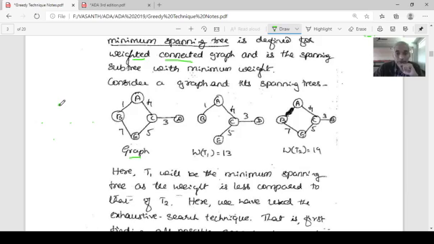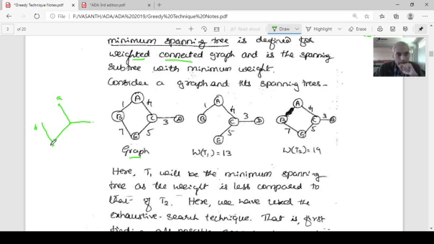So from B to E we connect, and from here to here it is connected, from here to here it is connected, and from here to here it is connected. Now this is vertex A, this is B, this is vertex E, this is vertex C, and this is vertex D.